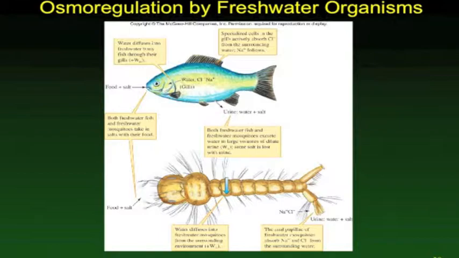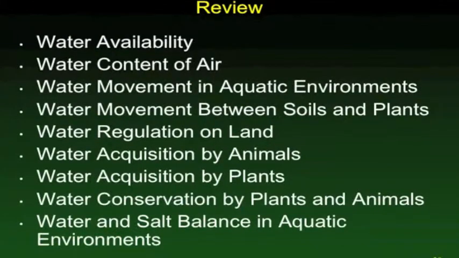So the take-home message from this chapter is that animals and plants that live on the land have to struggle in a variety of ways to find water and find ways to take that water up and then to limit how much they lose to the surrounding environment.